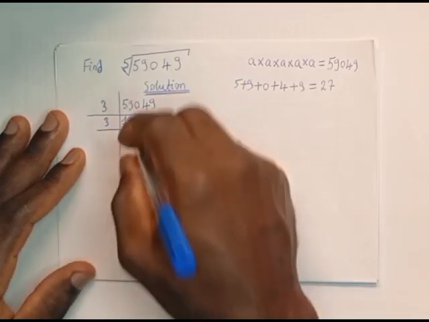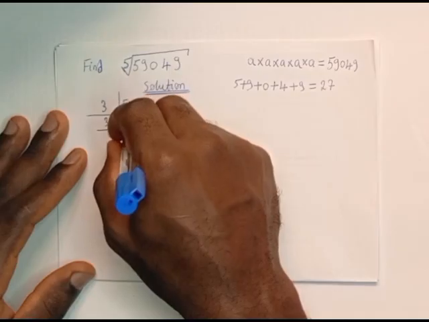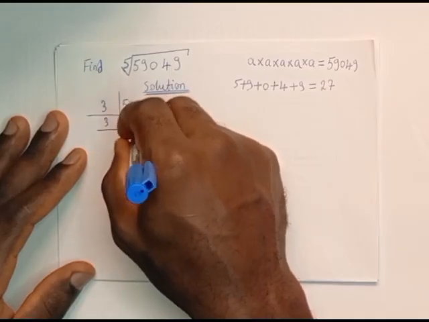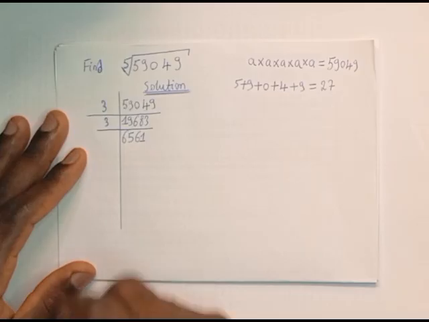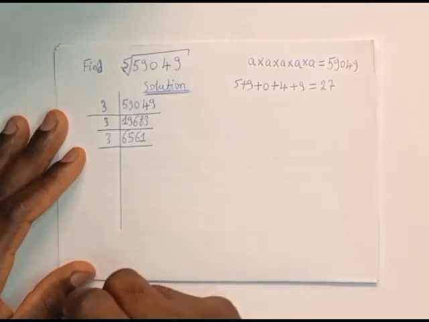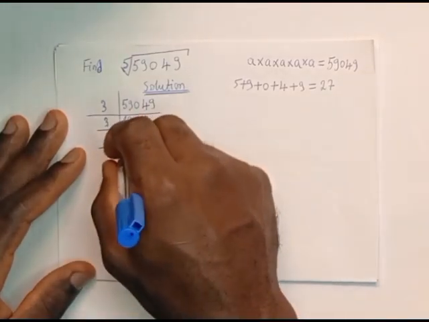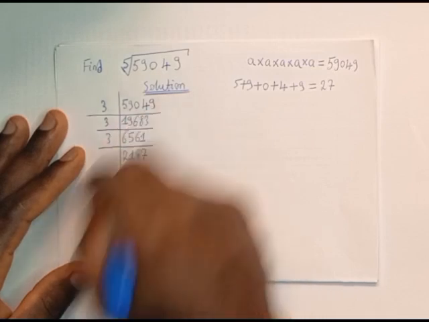This gives us 6,561. The number 6,561 is still a multiple of 3. We are going to bring down 3. We divide the number 6,561 by 3. It gives us 2,187.